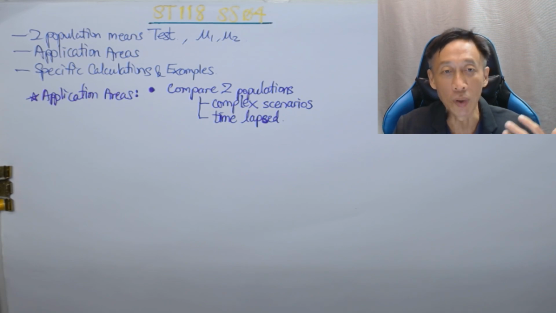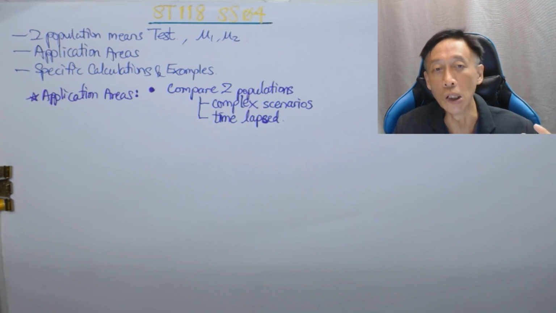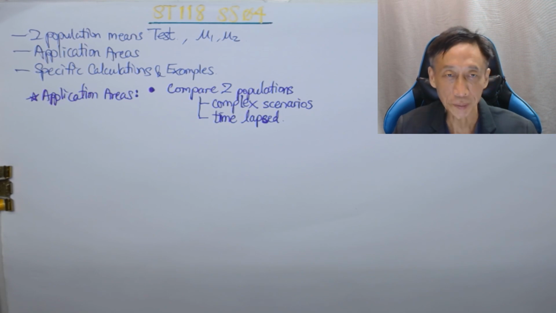In other words, the sample size for the population given the actual drug is 5, and the sample size for the other population is 50, just because of circumstances. But that's not the complicated part.